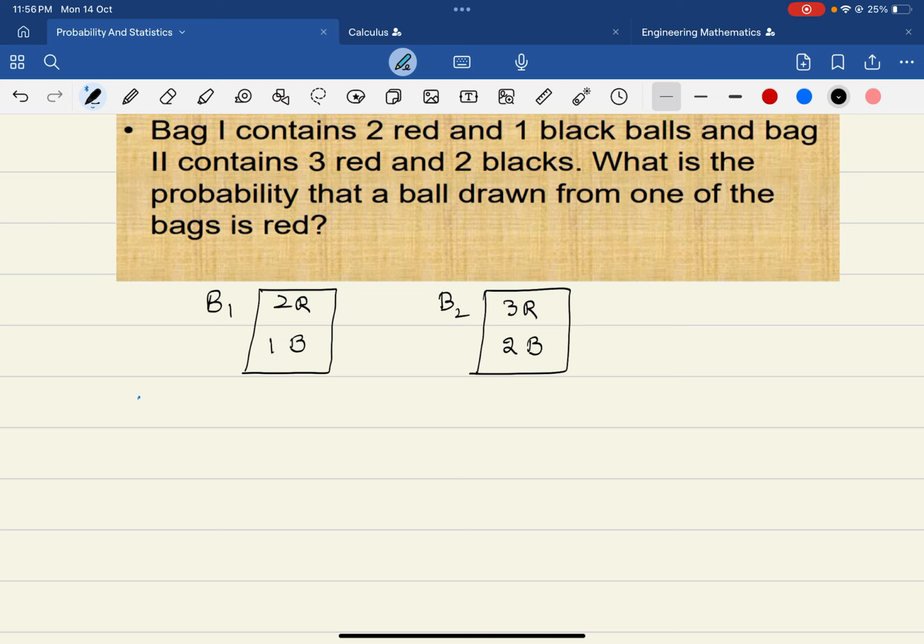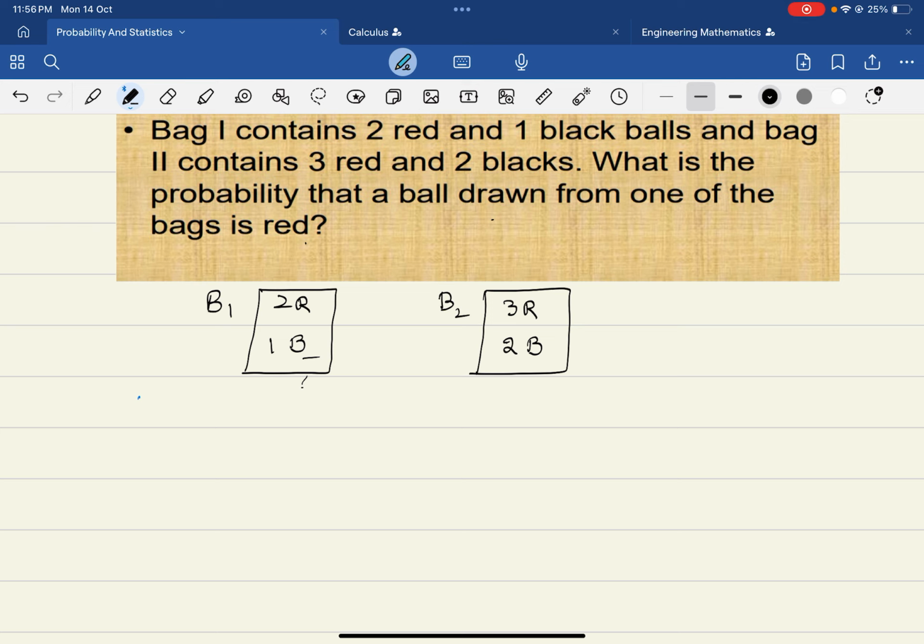Now what is the probability that the ball drawn from one of the bags is red? As I told you in my example, I want the cool drink. I am not bothered about whether it is from fridge 1 or fridge 2. Like that, I wanted a red ball. I don't know which bag it is. Understood? That is the question here.